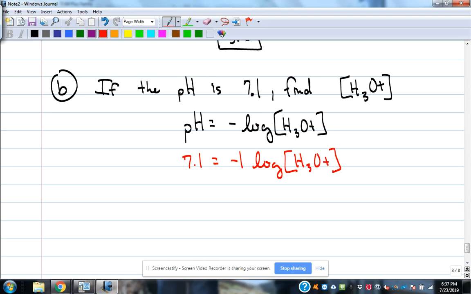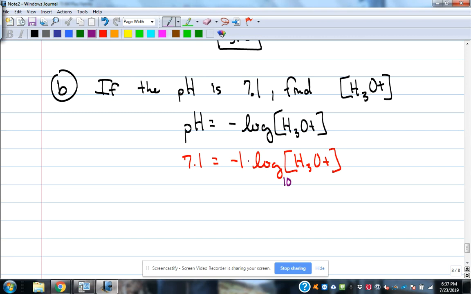What base is that logarithm? Base 10, right? Now this goes back to the link between exponentials and logarithms, okay? That -1's in the way. How can I get rid of that -1? A couple of different ways, but one way is easy, one way is pretty fancy. I like the easy way.